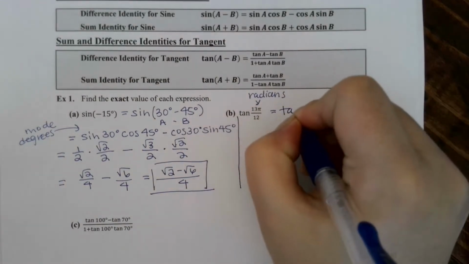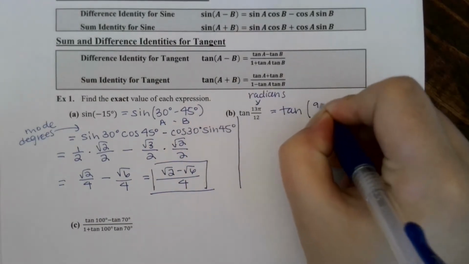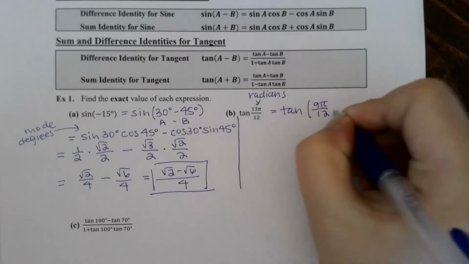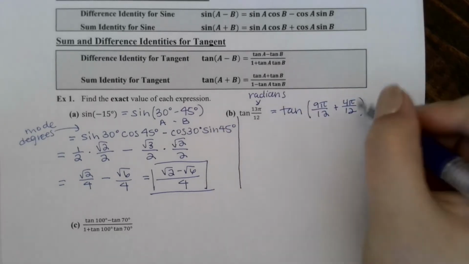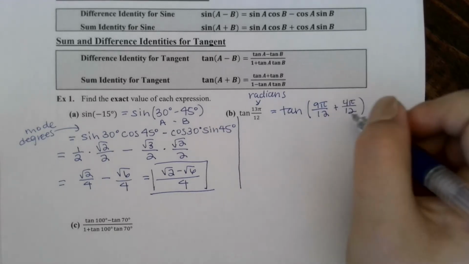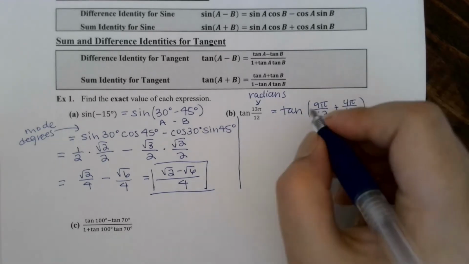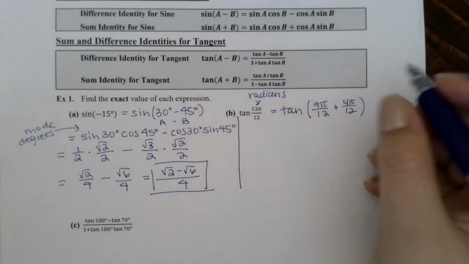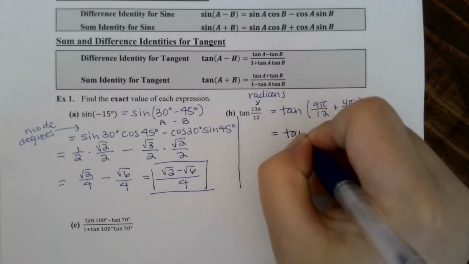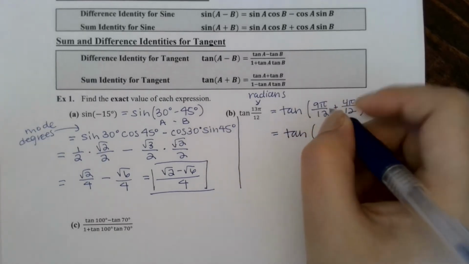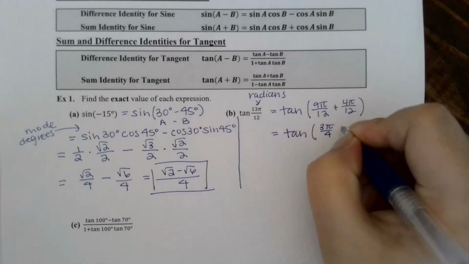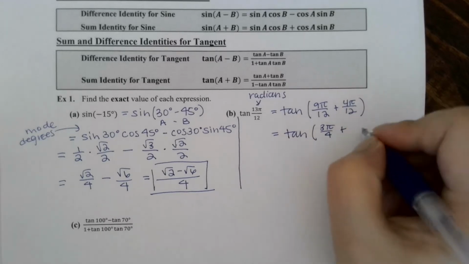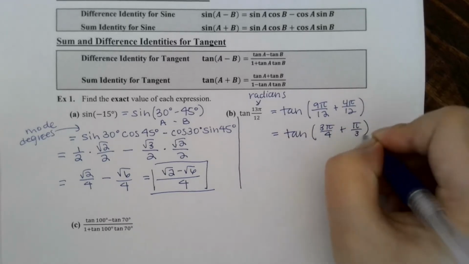We can rewrite this as tangent of 9 pi over 12 plus 4 pi over 12, which is still equal to 13 pi over 12. Now we simplify: 9 pi over 12 gives me 3 pi over 4, and 4 pi over 12 gives me pi over 3.